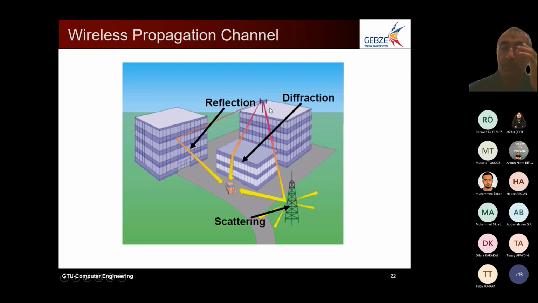Another phenomenon, the third path can go through this and it can scatter the signal. As you see, the signal is scattered. It's split into multiple parts and only one of the parts can go to the mobile device. So as you see, there are different physical phenomena that affect my signal when it goes through the channel.